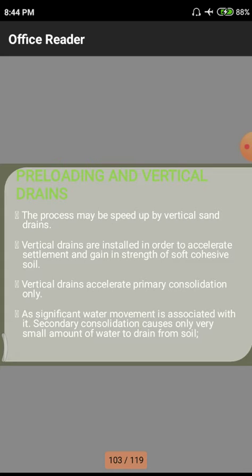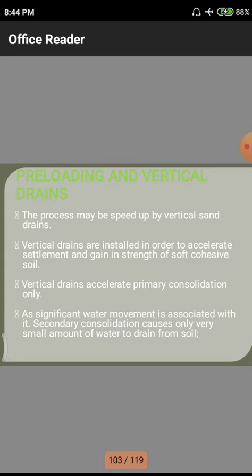We need to remove those voids by using a vibratory method. So by using vertical drains we remove only the water content. Applying preloading along with vertical drains automatically improves the secondary process of consolidation also. What is the secondary process of consolidation? It means removing the voids in the soil.